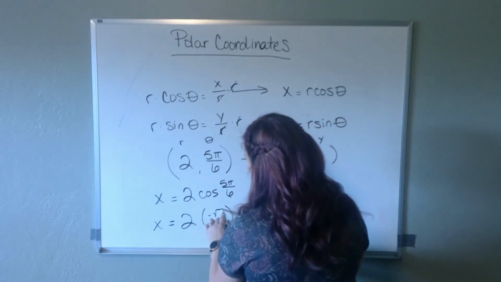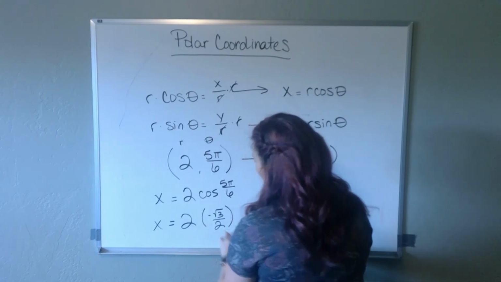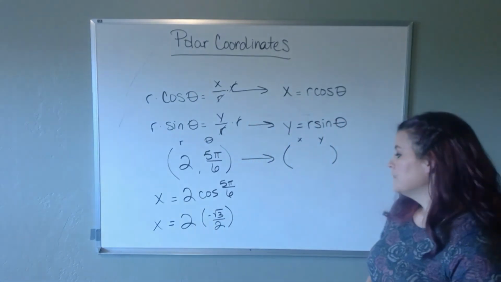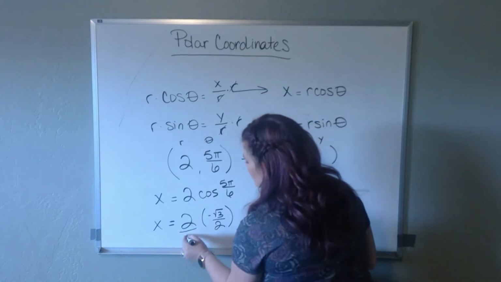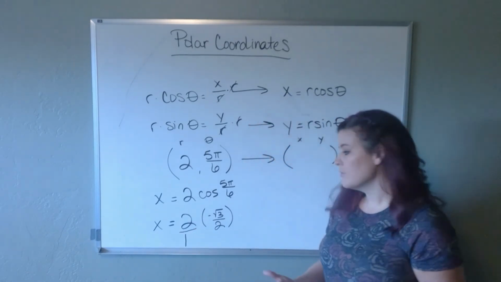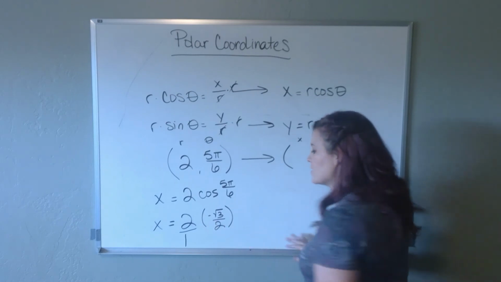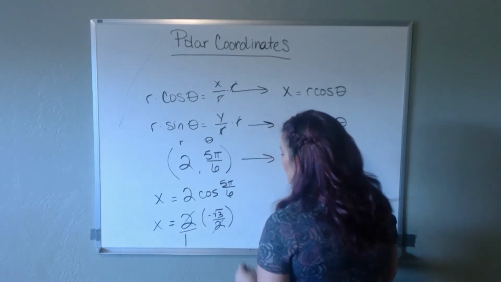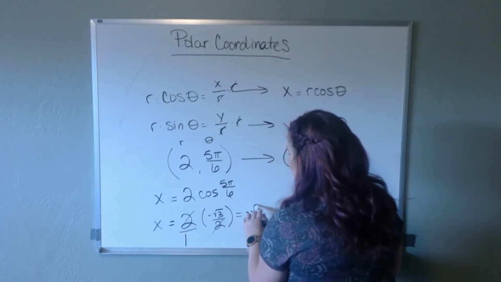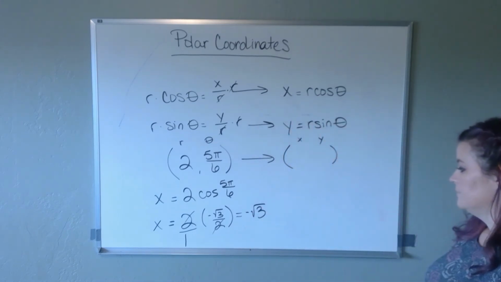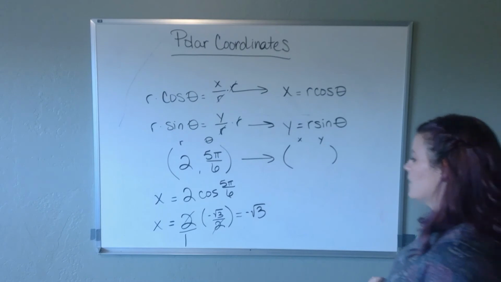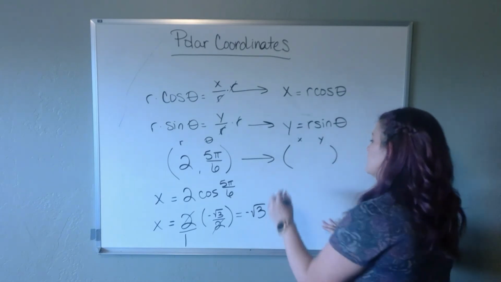Well, it's negative root 3 over 2. Multiply r times cosine theta. Remember, this r is just a whole number, so it's like 2 over 1. Just multiply the fractions. These 2's cancel out. All you're left with is negative square root of 3. Okay, so that is your x value. Let's put it in.